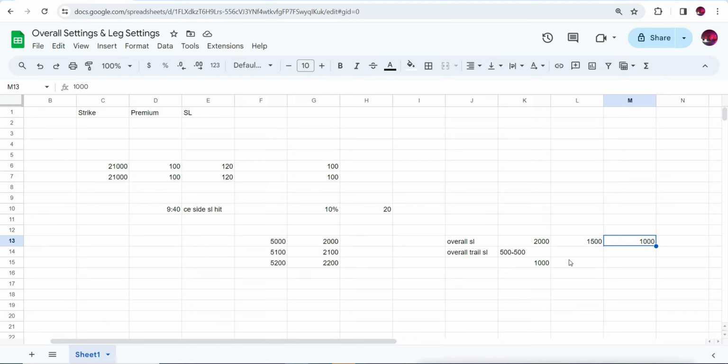Again if the market moves 500 in our favor, our profit goes from 1,000 to 1,500, 500 more profit. It will trail our overall stop loss again by 500, to 500. If our loss reaches 500, it will exit our strategy.